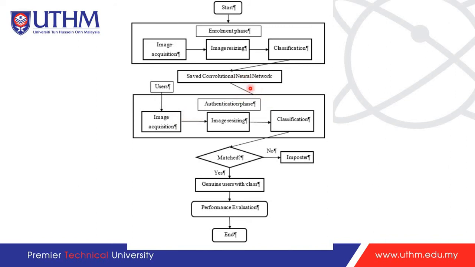So the saved model will be used to do the classification, whether it matches the model that has been saved. If so, we display the genuine user; else we display the imposter. And then we do the evaluation of the performance of this authentication system.